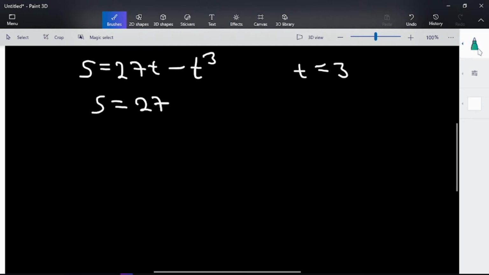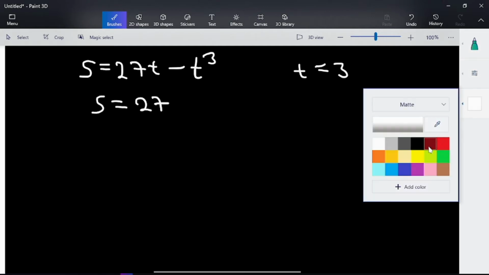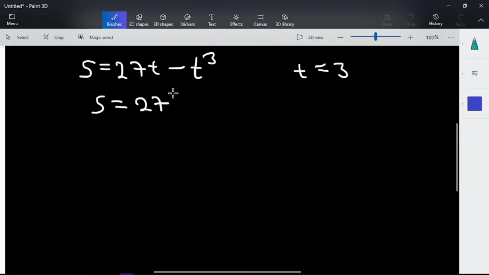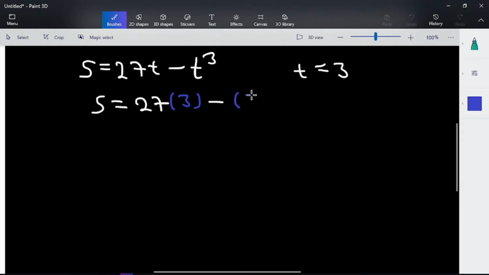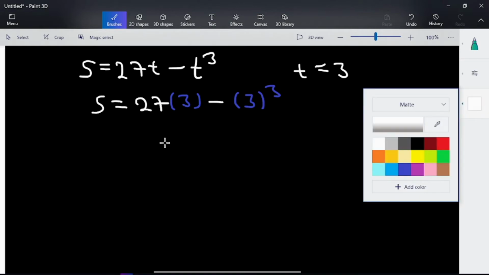and then to show that I'm multiplying by t. So we end up with a scenario like this one. So now what we can do is just simply simplify.